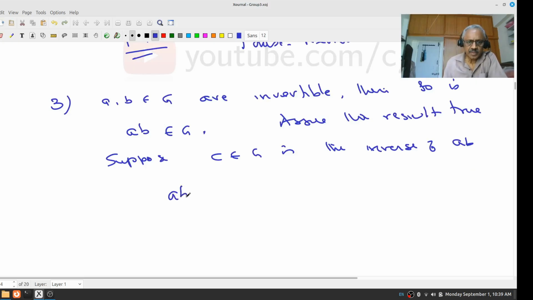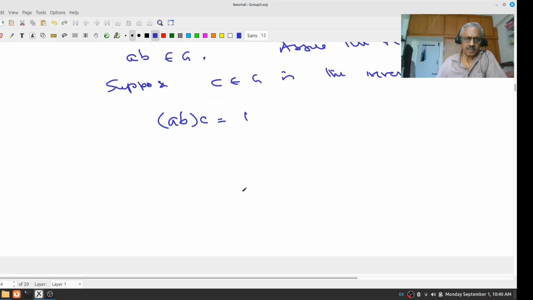I should have AB times C must be 1. Now since A is invertible, I can look at A inverse with AB and C. This is an element I am multiplying by A inverse. I have to multiply both sides with the same thing, therefore it is A inverse times 1.